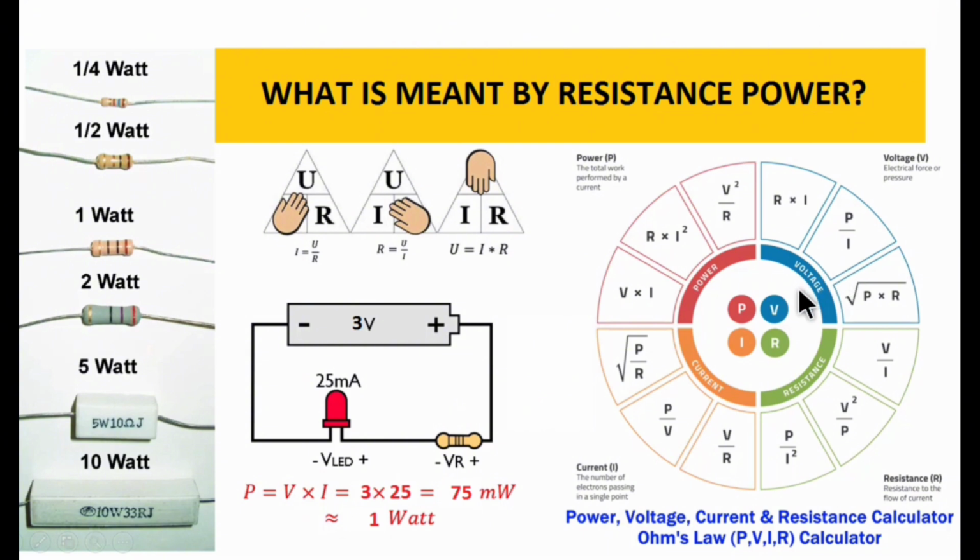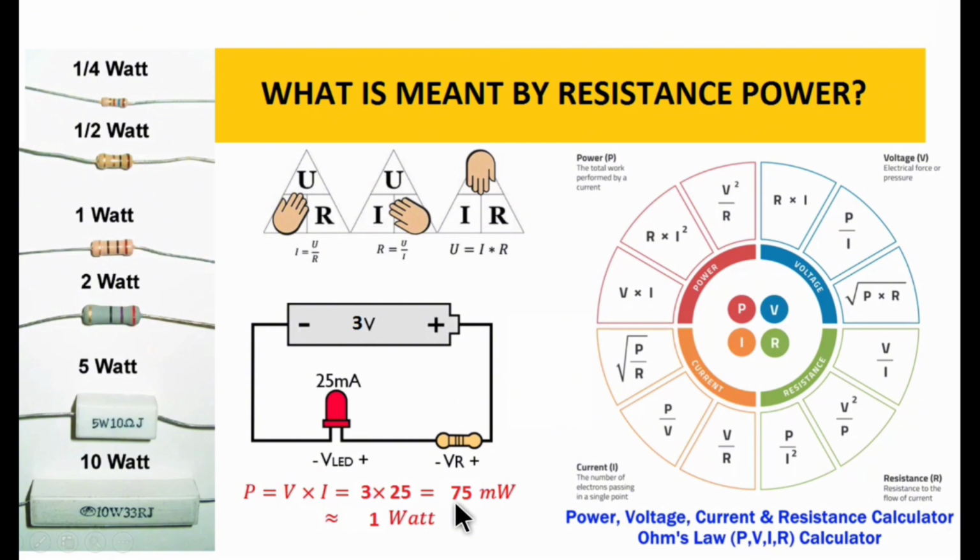Let's check the previous example once again in terms of power. We want to see what power this resistor that we calculated, 0.1200 kilo ohms, needs. Well, it was 3 volts of the battery. A voltage of the resistor is placed here. A voltage of current LED, which is clear. We assume that the power is equal to the voltage multiplied by the current.